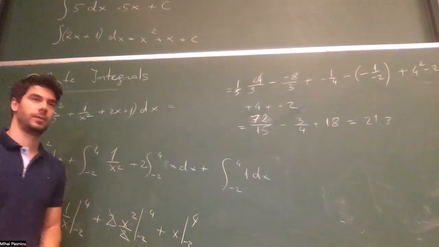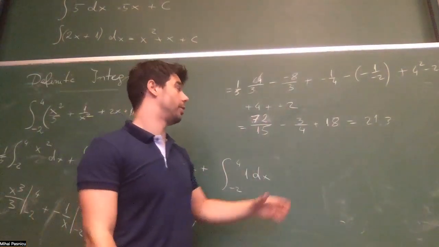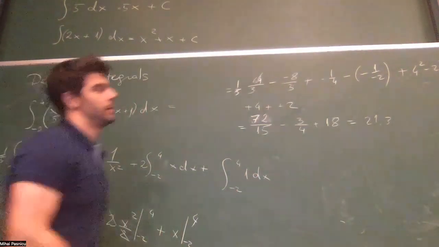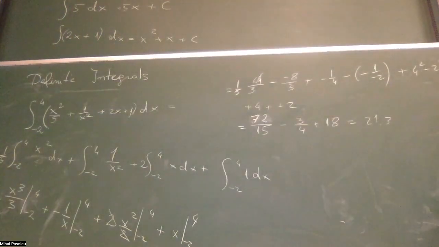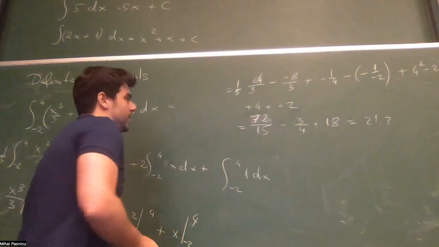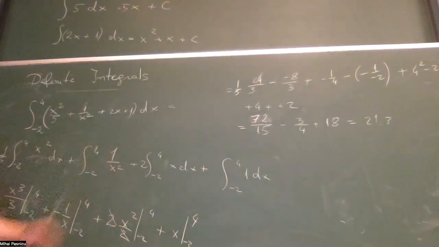Just to give you an example where a calculator can be useful and where it can be bad. In this case, I'm fine. In this case, I think it's terrible to use. But I hope after this example, everyone is okay with what they have to do on these types of integrals. Makes sense for everyone?